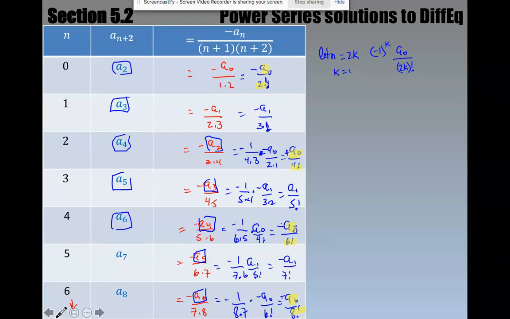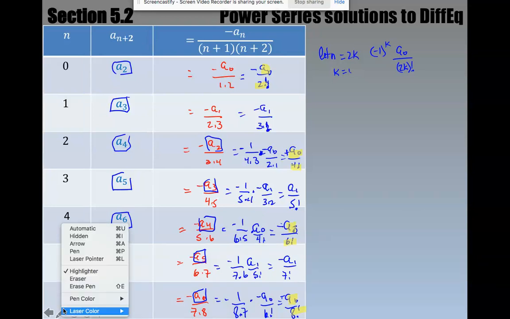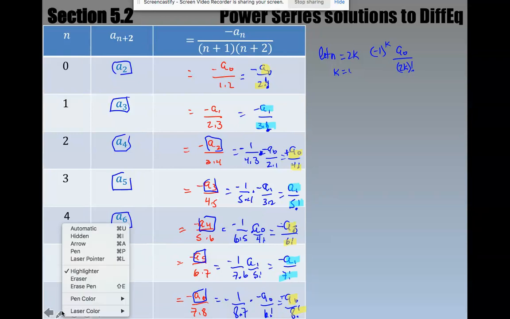But then I also have this scenario. All my a sub 1s have what kind of factorial? Yeah, odd, right?